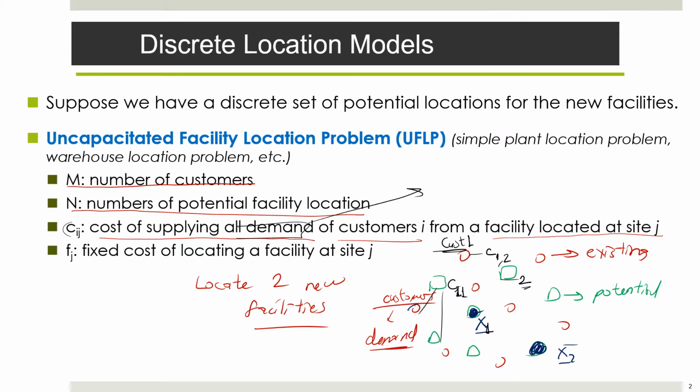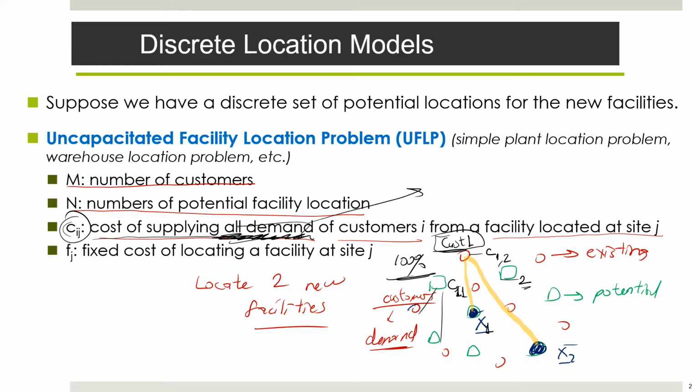We can satisfy some proportion of this demand from facility 1 and another proportion from facility 2. It is possible. If we say this customer has a demand of 100%, this cost is the cost of supplying all 100% of that demand.